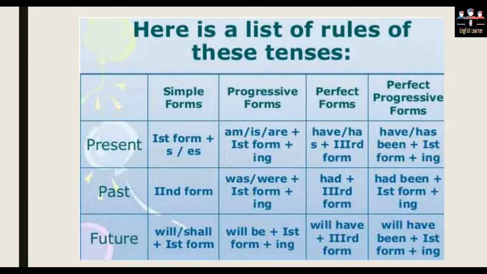Next is past progressive tense. In past progressive tense, the main verb is the first form of a verb plus ing, as it is the progressive part. In the progressive part, we always place the first form of a verb in ing, and due to the past effect on this category, we place the helping verbs was and were.